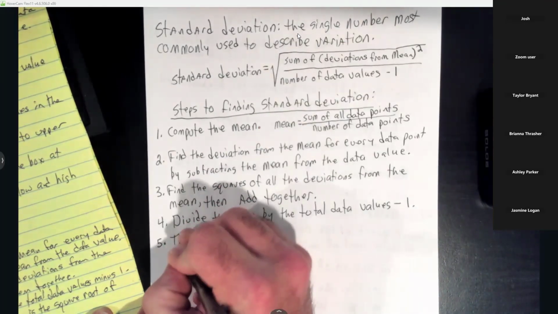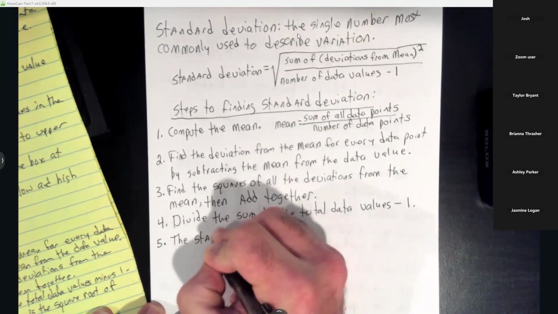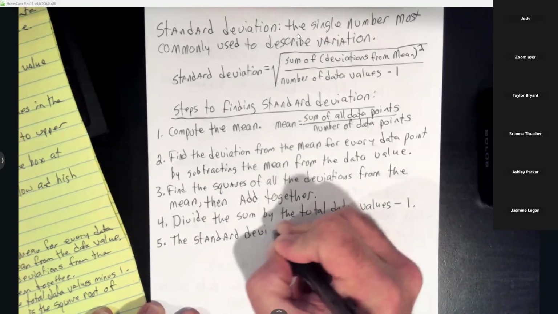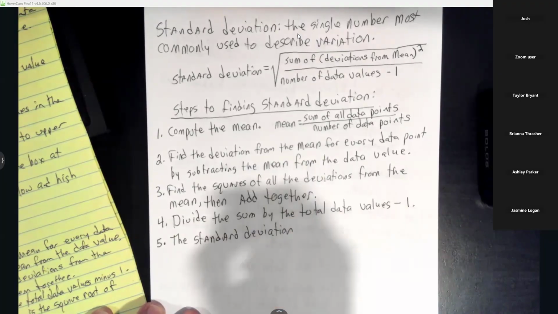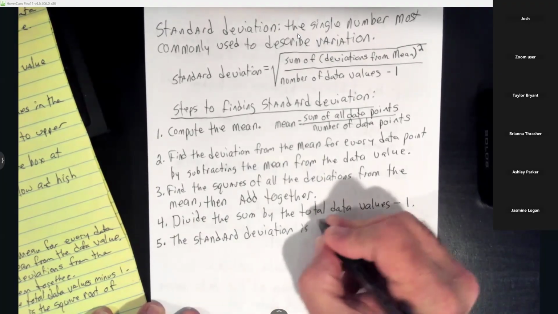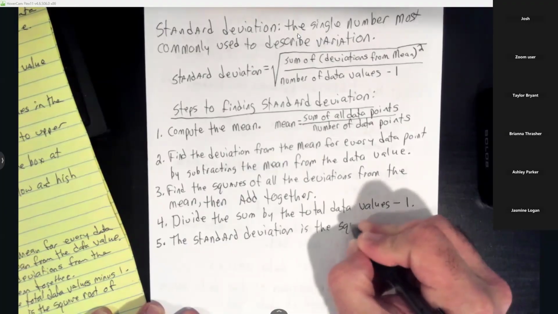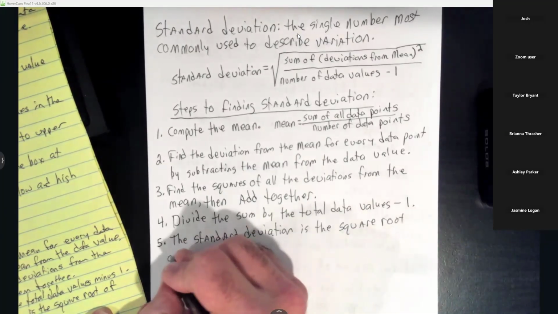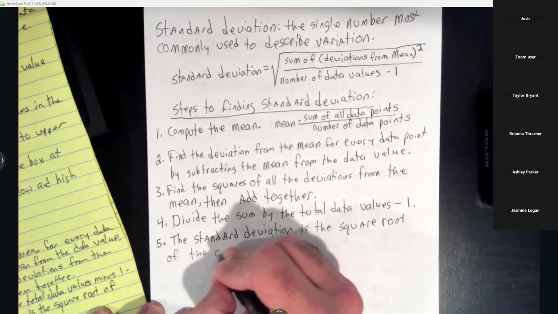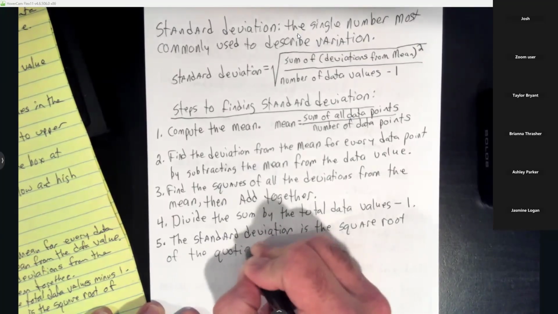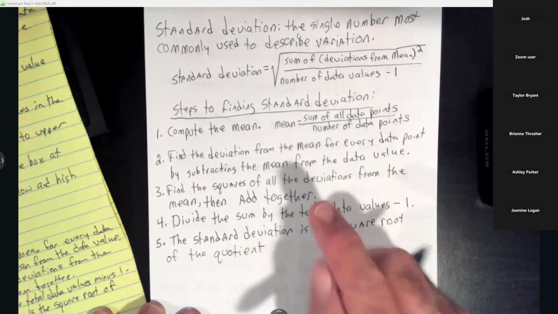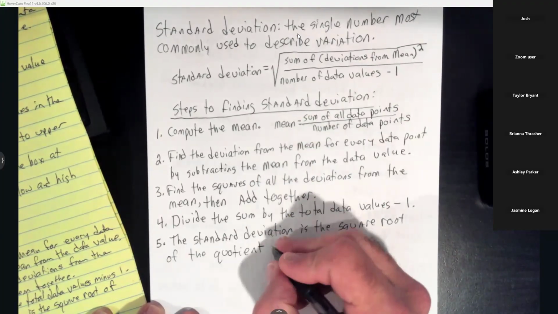So the standard deviation is the square root of the quotient. So quotient just means that you did the division, and that'd be from step 4.